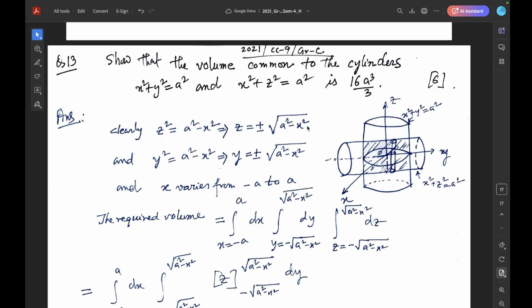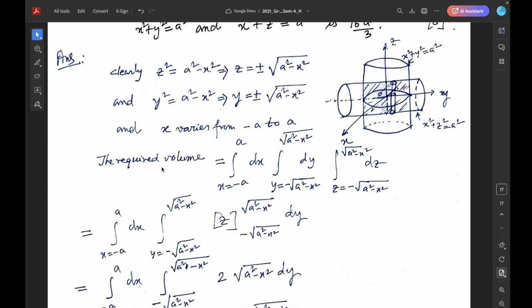And from the first cylinder, x square plus y square equal to a square, so y square equals a square minus x square, so y equals plus minus square root of a square minus x square. So from this vertical cylinder, the range of y is y equal to minus root over a square minus x square to y equal to plus root over a square minus x square, and the limit of x is minus a to plus a.